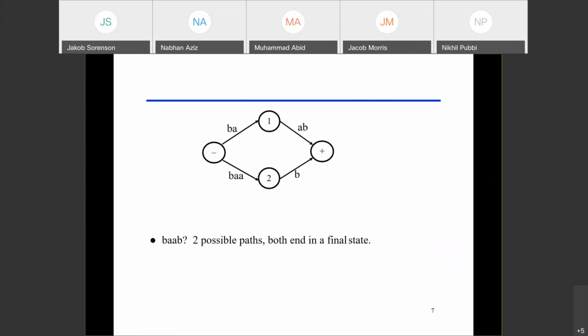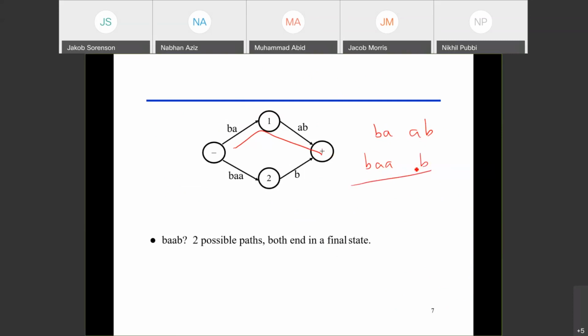Now, this is another machine. This is another FA, and it has two possible paths to reach the final state. One is if you give the input B, A, and then A, B, then you reach the final state. Or if you give B A as one word as input and then B, you reach the final state.